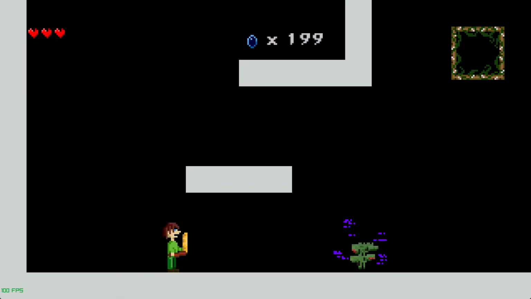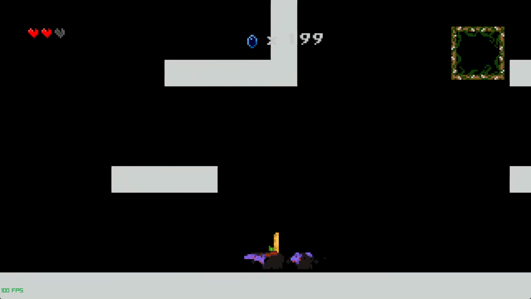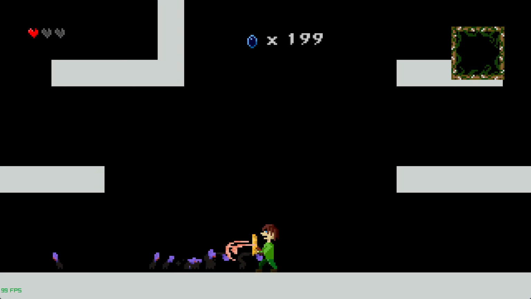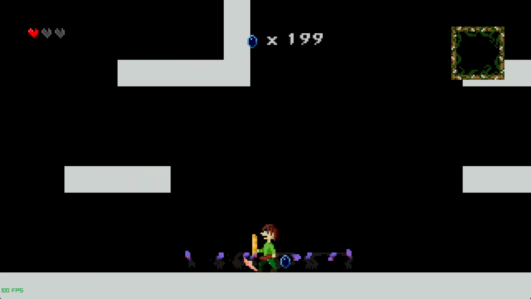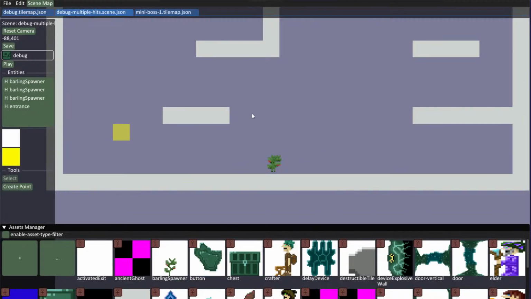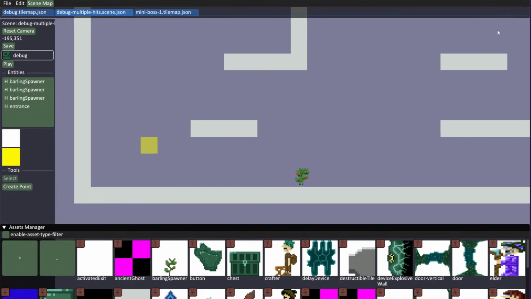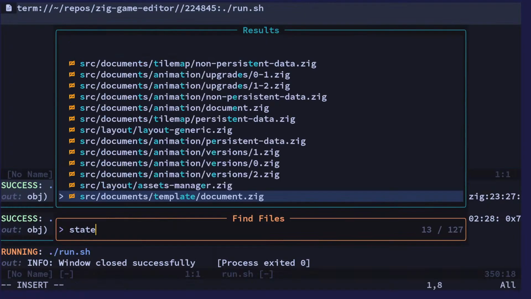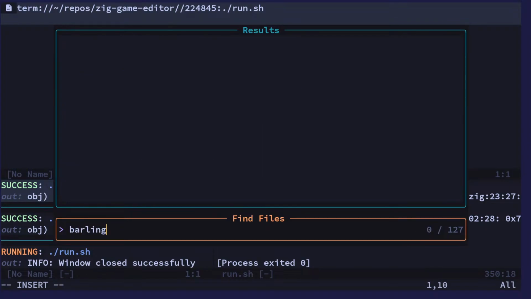Yeah, so that seems to work. Very nice. Okay, well that's also another bug where these enemies can't get hit for some reason. It's probably to do with the state machine for those guys, actually.